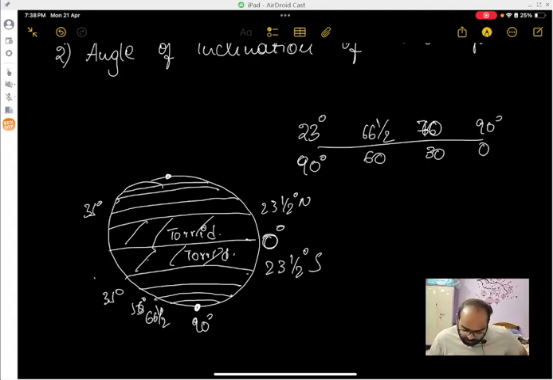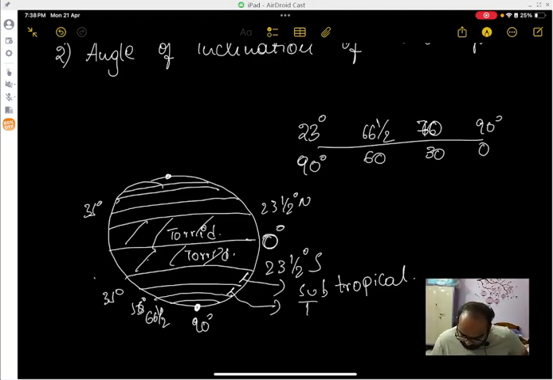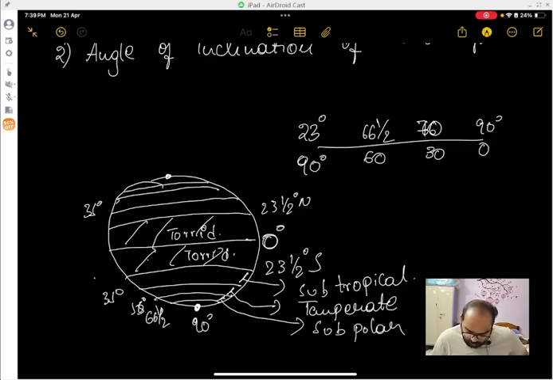From 23 and a half to 35, we call it subtropical. From 35 to 55, we call it temperate. From 55 to 66 and a half degrees, we call it subpolar. And beyond 66 and a half up to 90 degrees, we call it polar or frigid. The division is the same for the northern hemisphere also.